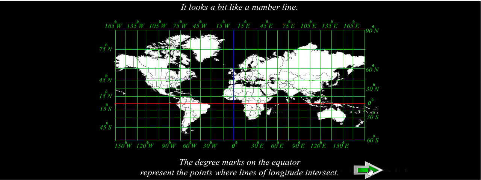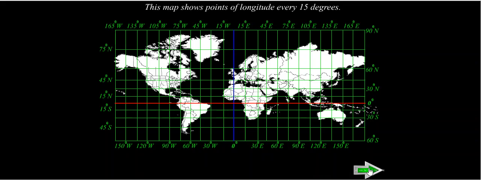The degree marks on the equator represent the points where the lines of longitude intersect. This map shows points of longitude every 15 degrees.